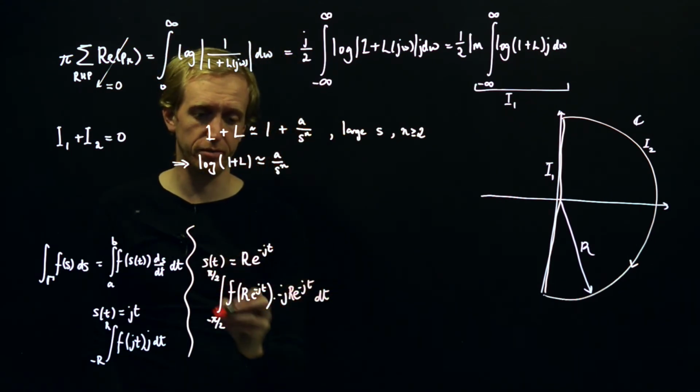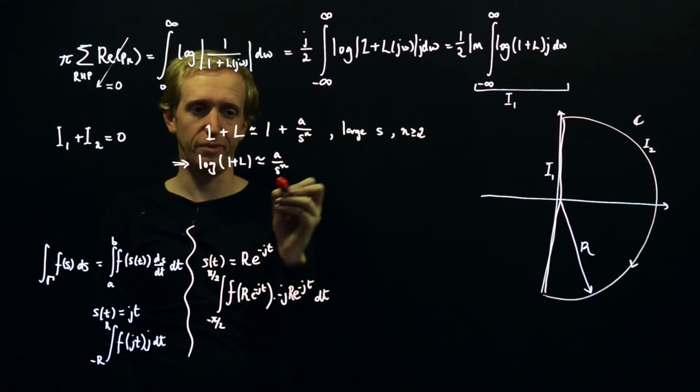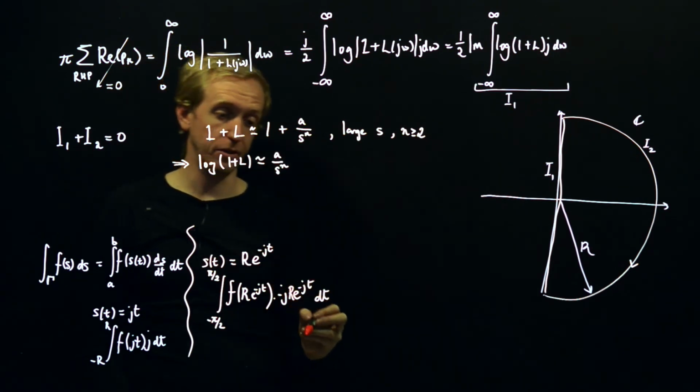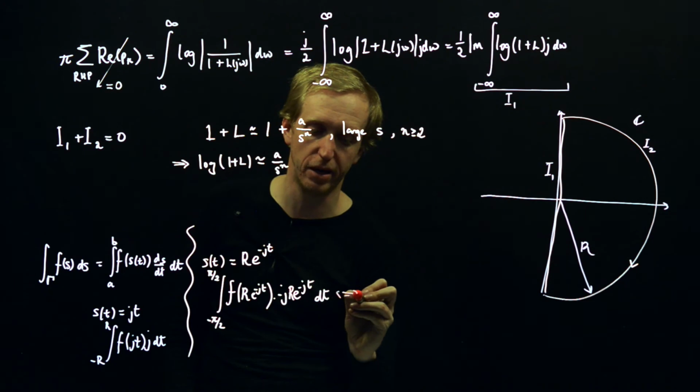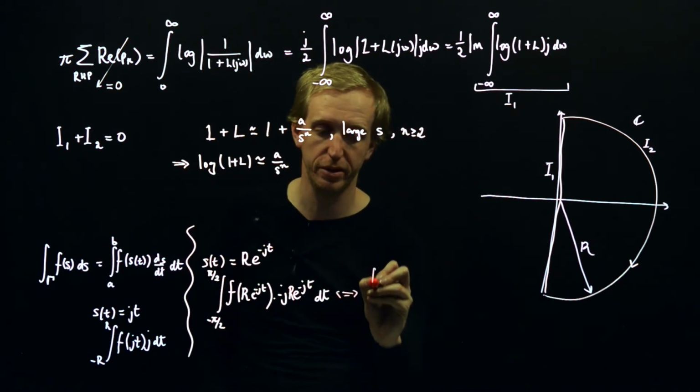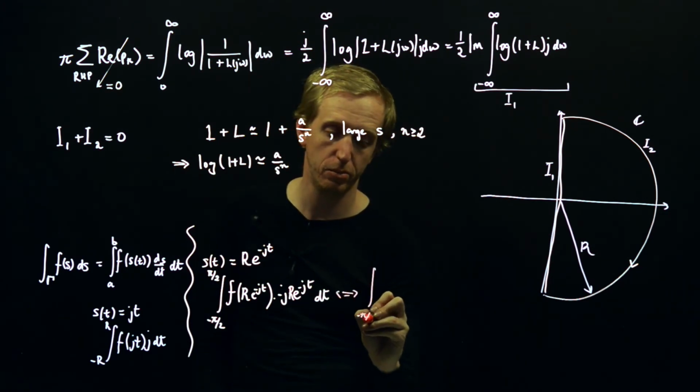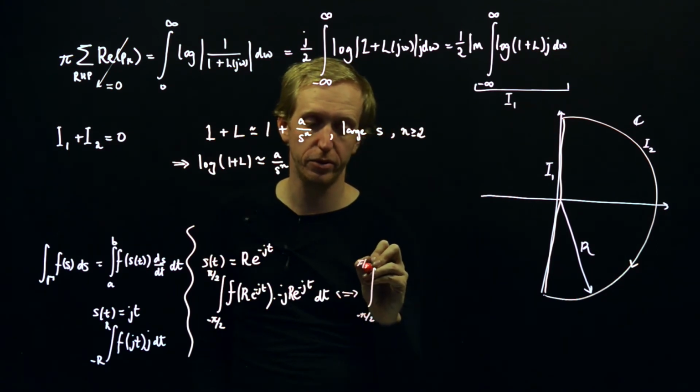So now we just want to actually integrate our log function, which we're going to say is basically like integrating this. So substituting in, we now know we want to integrate from minus pi over 2 to pi over 2.